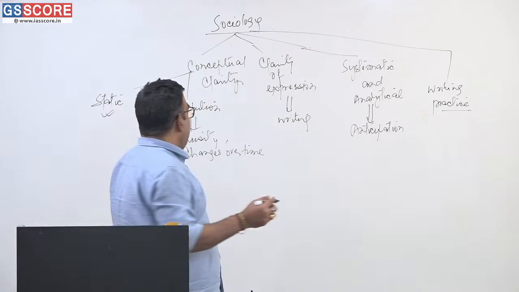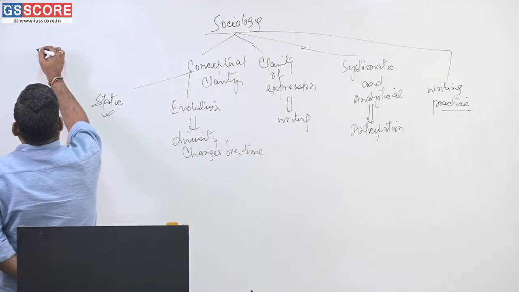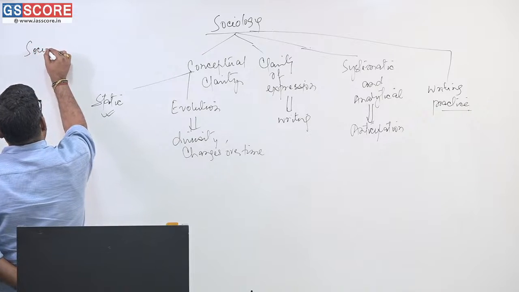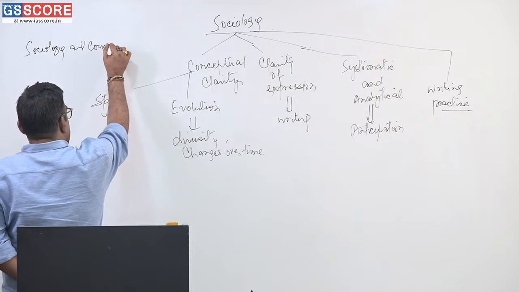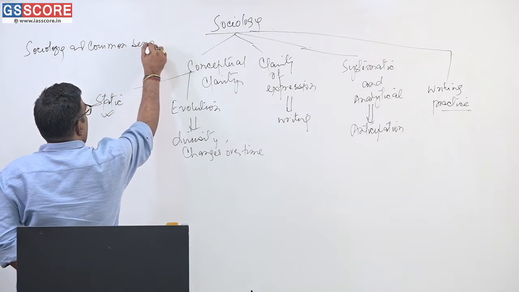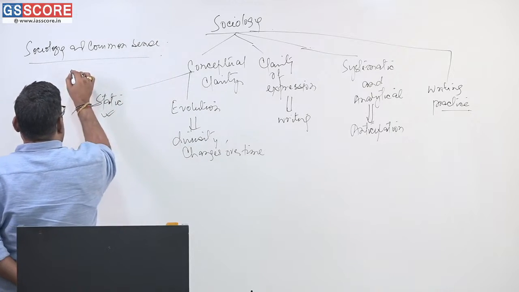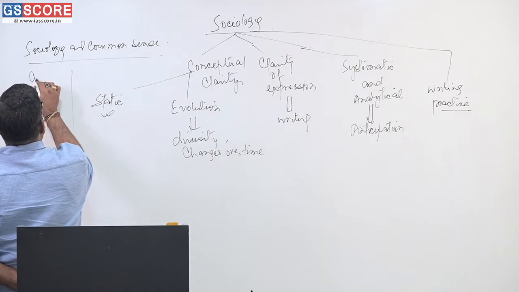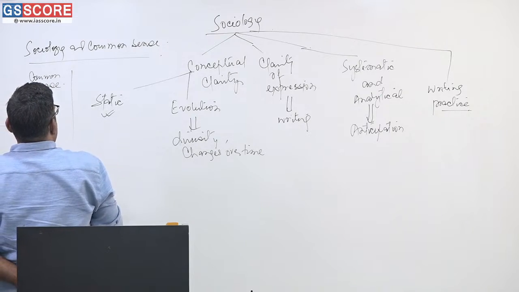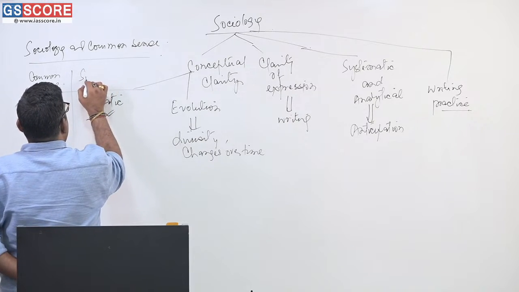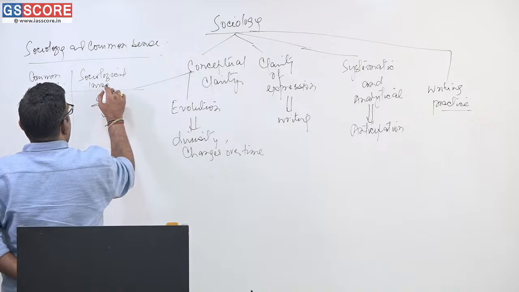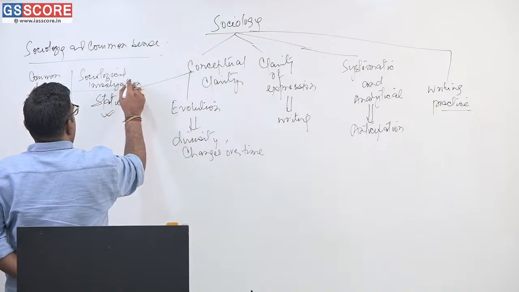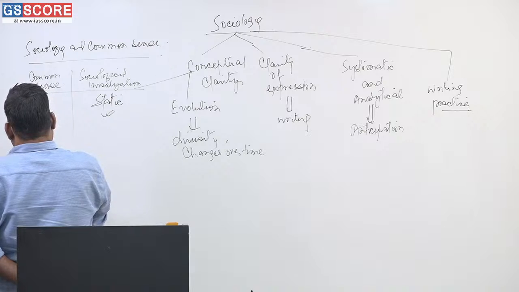I said that when you are looking at unit 1 from here, we spoke about sociology and common sense. These questions are coming from here, dear. Make a table like this. Common sense. Pick up certain instances, the sentences, and look at sociological investigation. Write down a few examples.